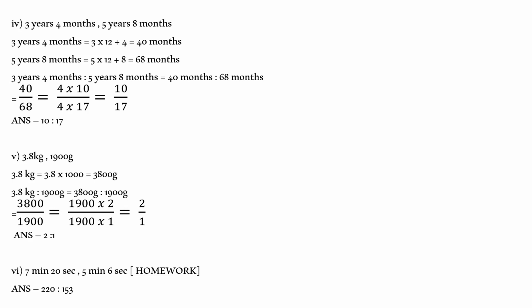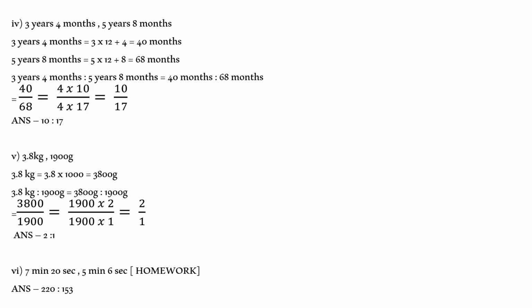So now we can write 3.8 kg is to 1900 grams is equal to 3800 grams is to 1900 grams, which is equal to 3800 upon 1900. It is very simple. 1900 multiplied by 2 gives 3800, and 1900 multiplied by 1 gives us 1900. So 1900 in the numerator and 1900 in the denominator will be cancelled, and we have 2 upon 1. So our answer is 2 is to 1.